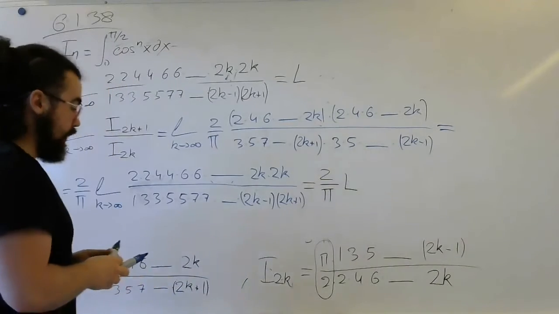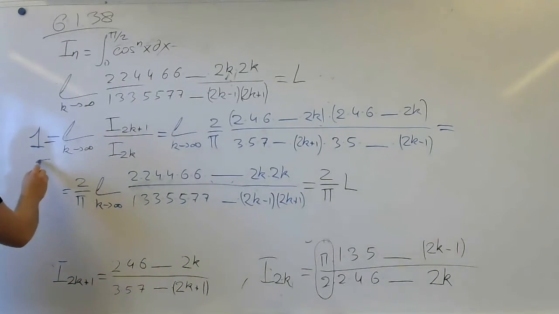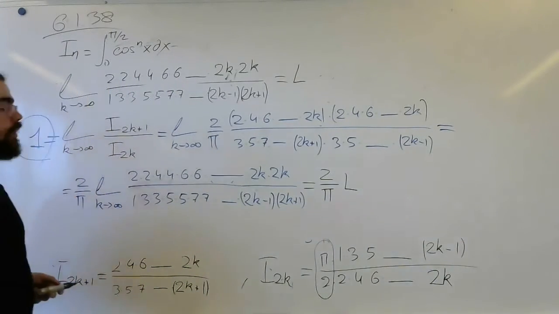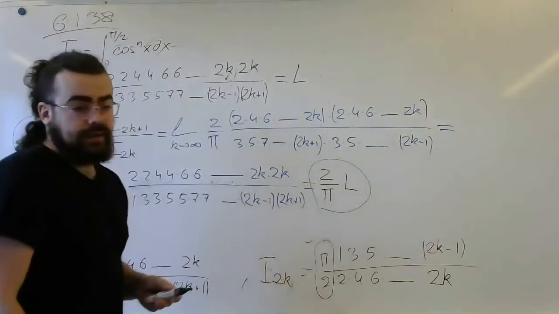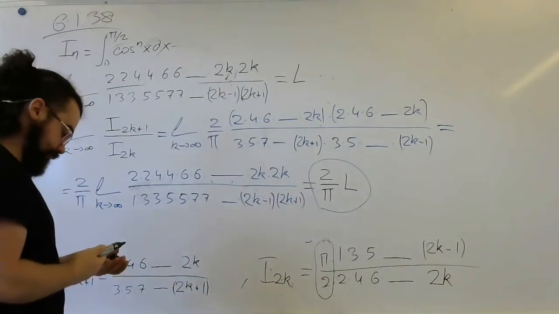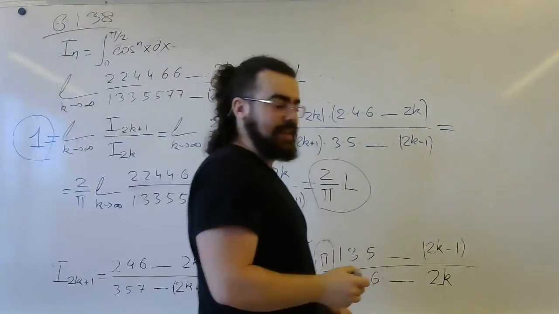Now, what is our equation? 1 is 2 over pi times L. How do we solve that, ladies and gentlemen?